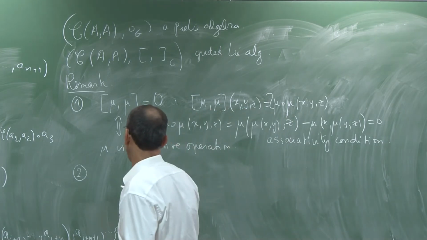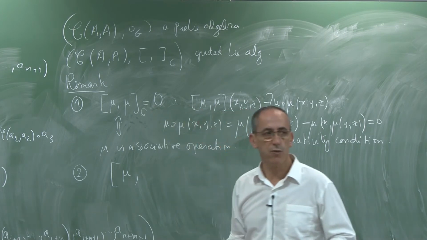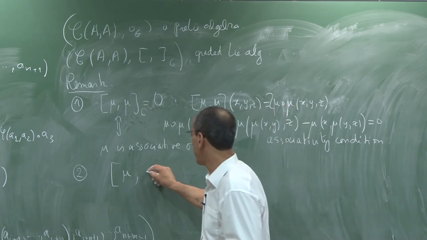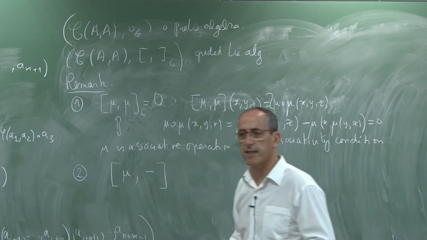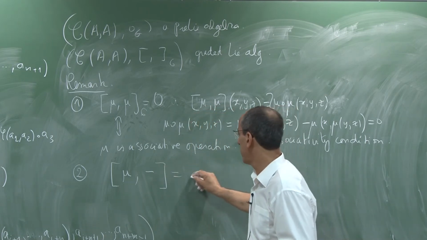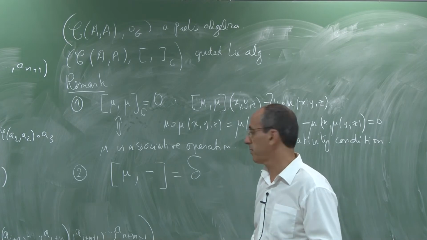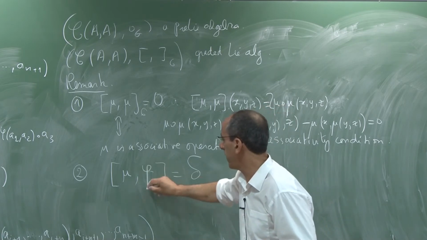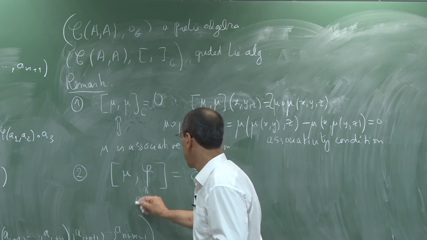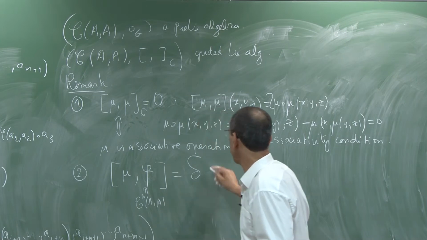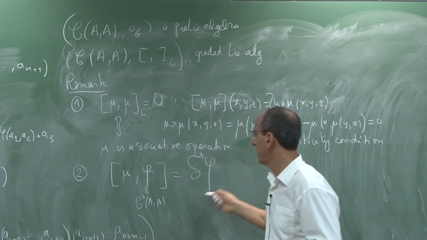And the second observation. Now you fix mu as the first argument, and you keep the second free, phi belonging to C^n(A,A). Then this is delta^n of phi.